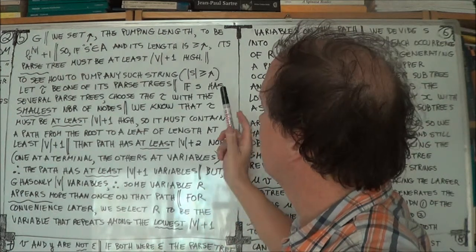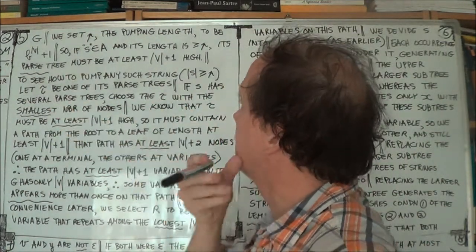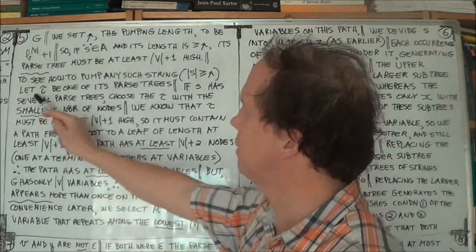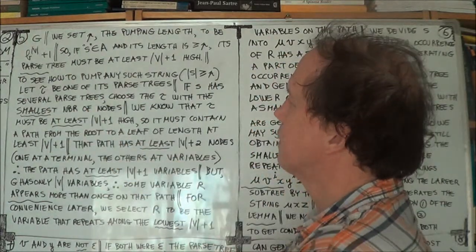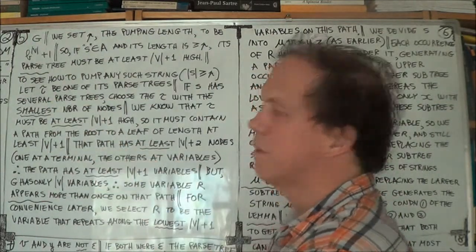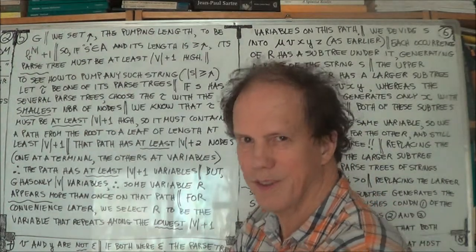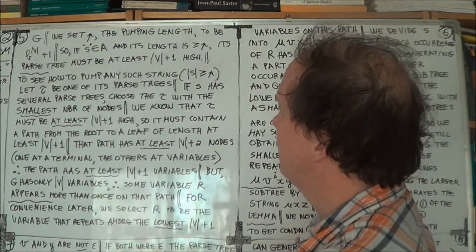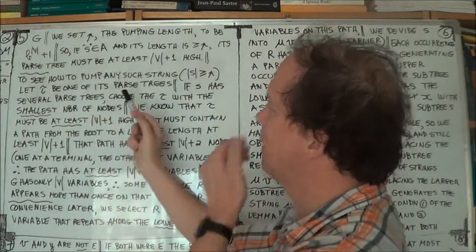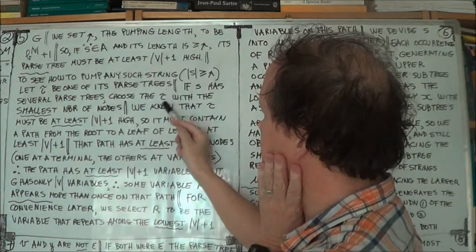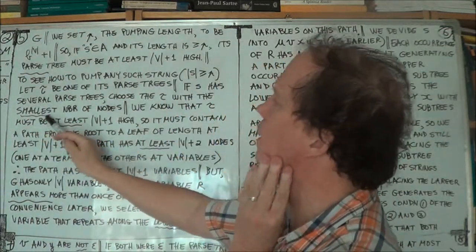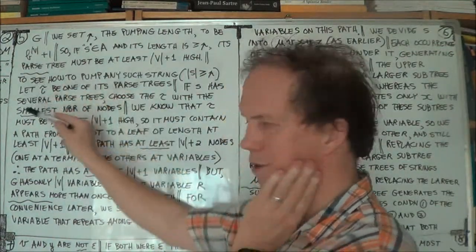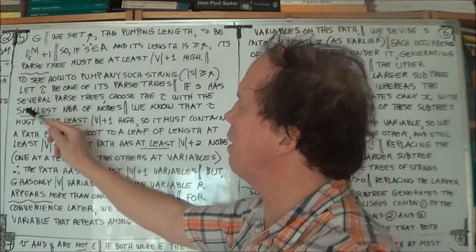Now let tau be one of your parse trees. You have a particular parse tree and you just label it tau, with this little Greek letter T, tau. I know that because they're elementary particles, because I'm a physicist as well. Now, if you have several parse trees, then choose the parse tree that has the smallest number of nodes. That's also critical, so keep that in your memory.